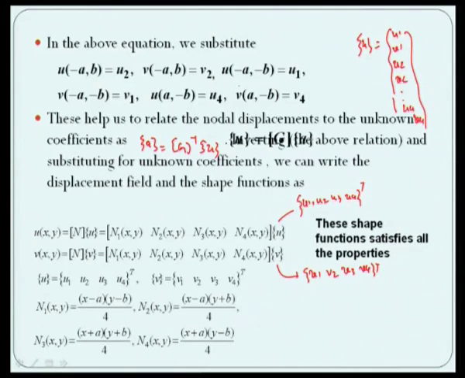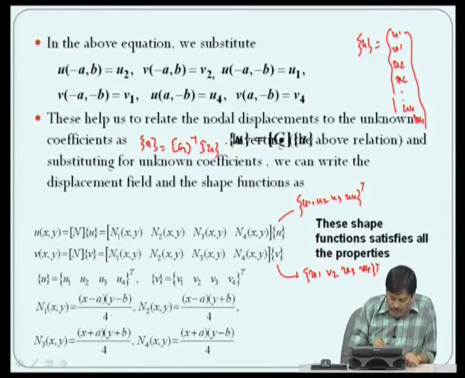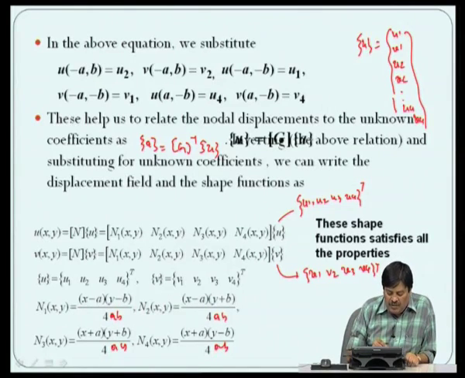Suppose we want u1, which is at minus a, minus b. I am sorry, this is 4ab, everywhere you have a 4ab here. So, when you substitute x equal to minus a and y equal to minus b here, N1 takes a value of unity, whereas N2 will be 0 at y equal to minus b.